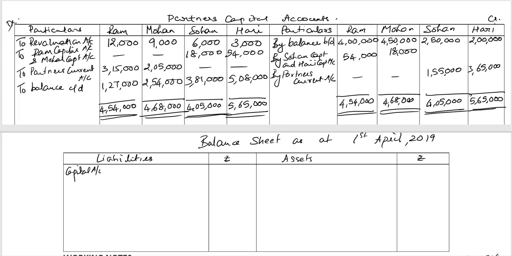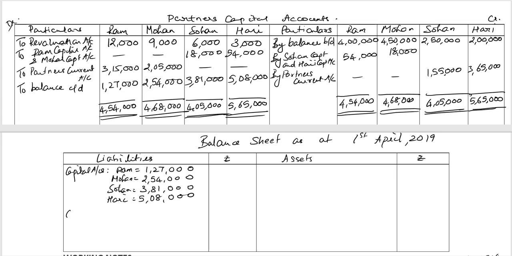Capital accounts. Ram, 1,27,000. Mohan, 2,54,000. Sohan, 3,81,000 and Hari, 5,08,000.